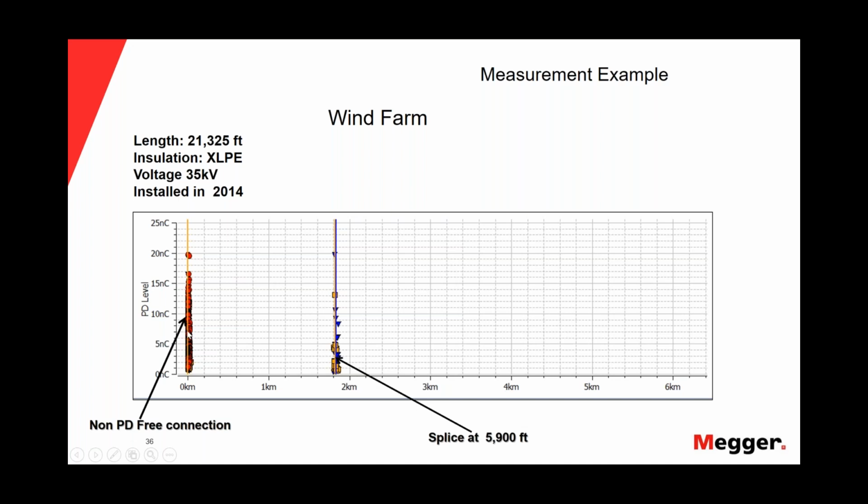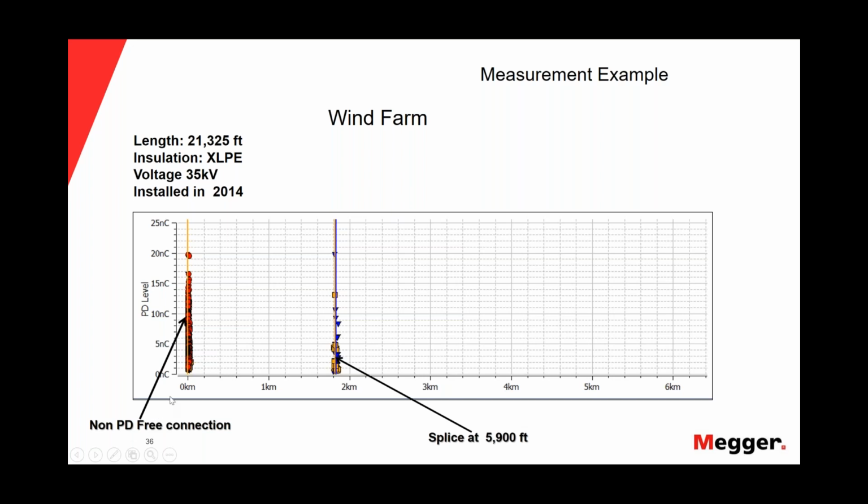And you can see in the vertical axis the level of the partial discharge detected. In phase A, we have PD activity at the beginning of the cable, and the problem was that we didn't have a PD-free connection.